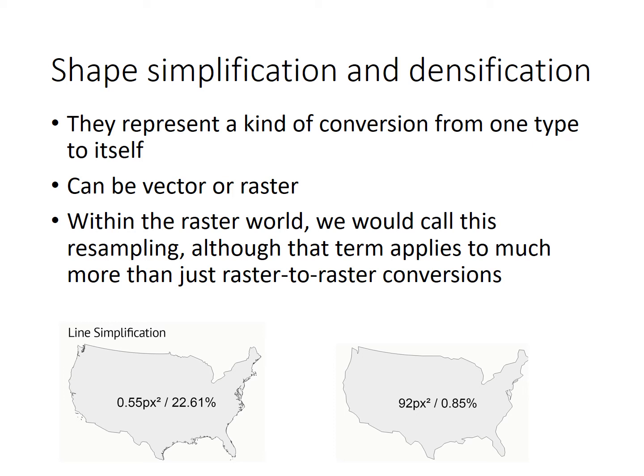But you can reduce the number of points in that boundary all the way down to a little less than 1%, and the United States is still quite recognizable. It really depends on what you're after. But most of the time, you can pare out a lot of the points and still keep a high fidelity match to your original polygon.